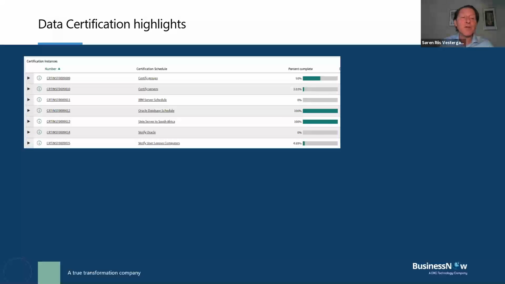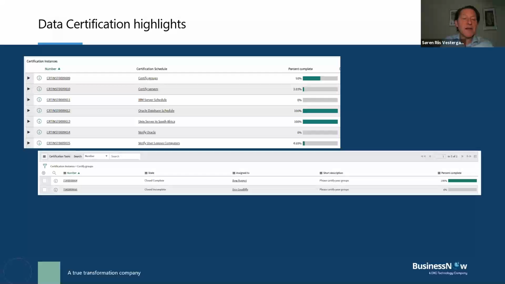The next one, number 2 from the top, is to certify that servers are registered completely and correctly. And you can see on the far right how complete this data certification is at a specific point in time.